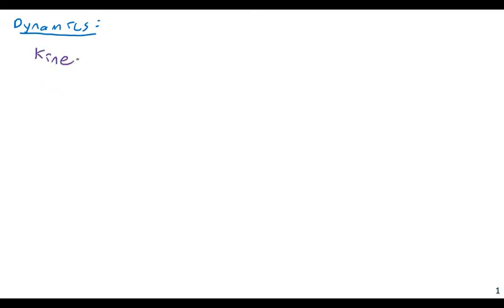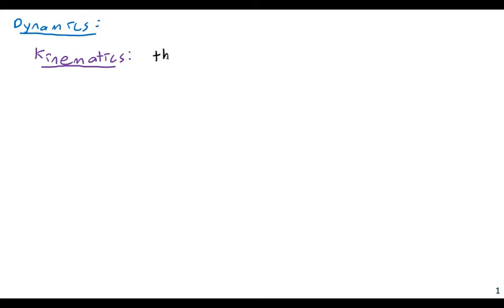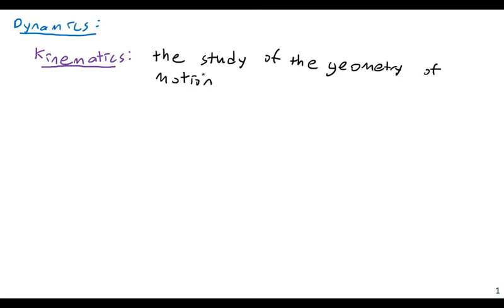Kinematics. What is kinematics? Well, we discussed this last time. It is the study of objects in motion, but really the study of the geometry of motion. This means essentially that we're not considering forces or masses.